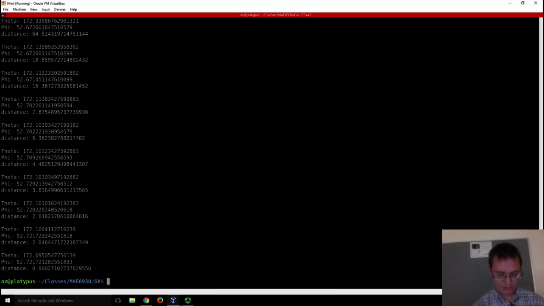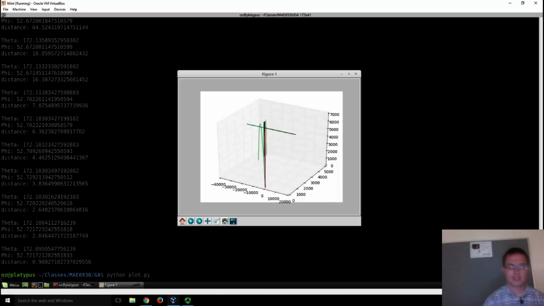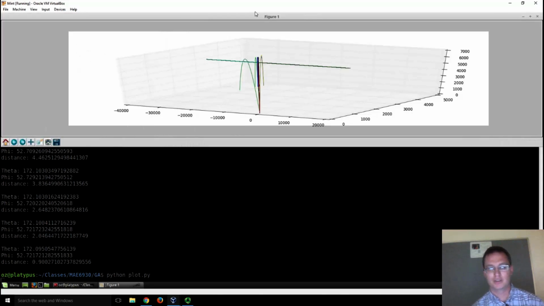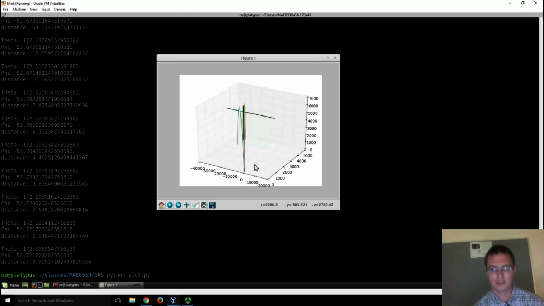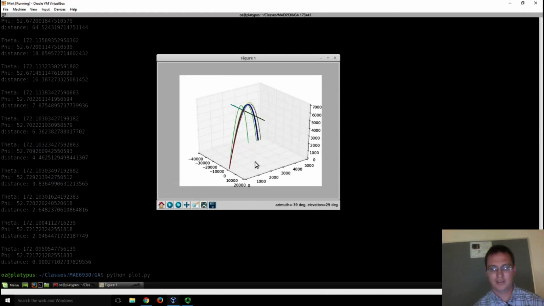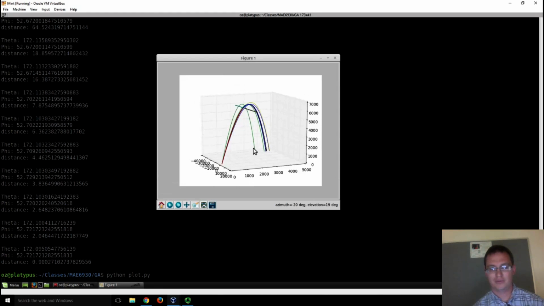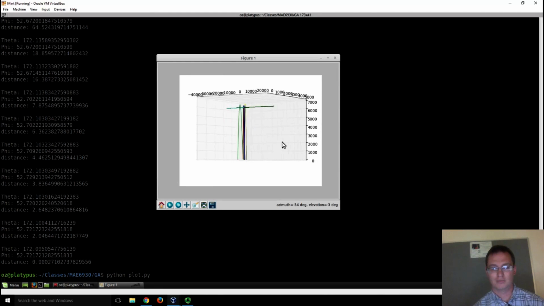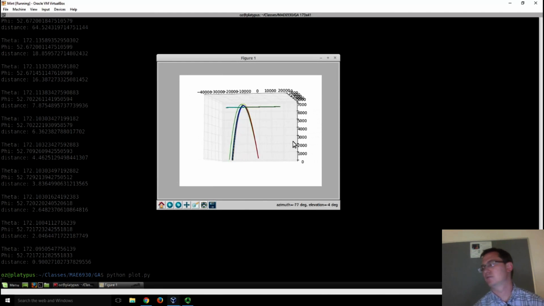And we can actually take a look and see what this looks like. So what we see here, that's not at all what I wanted. This is every path of the best generation.